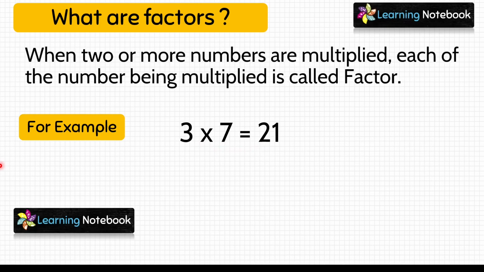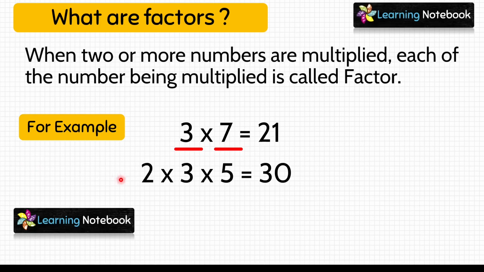Also, 3 and 7 are factors of 21. Let's take one more example. 2 into 3 into 5 equals to 30. So, 30 is a multiple of 2, 3 and 5. And remember that 2, 3 and 5 are factors of 30. So, when two or more numbers are multiplied, each of the number being multiplied is called the factor.